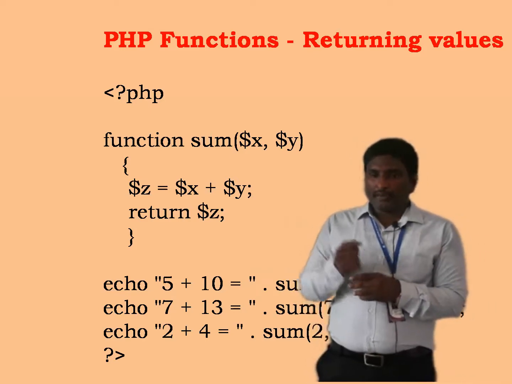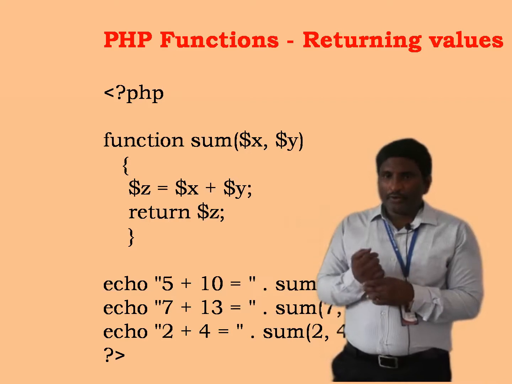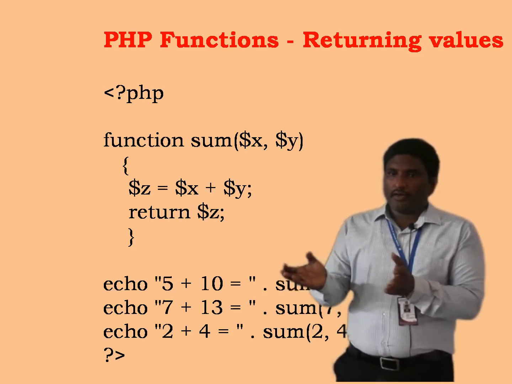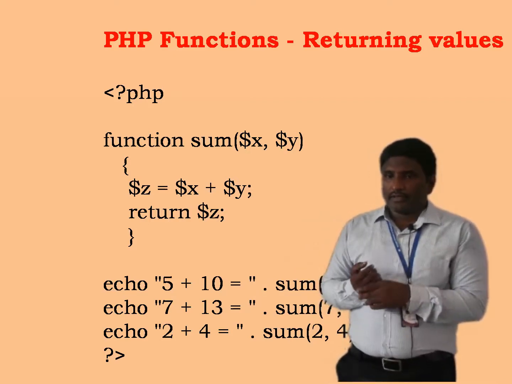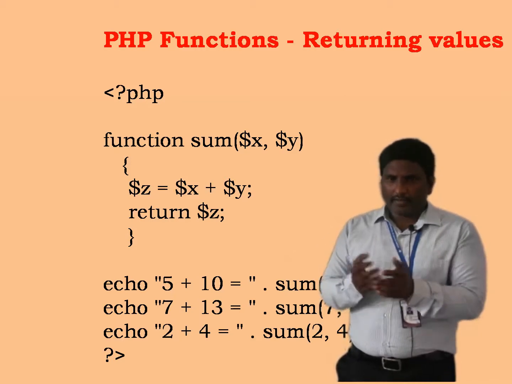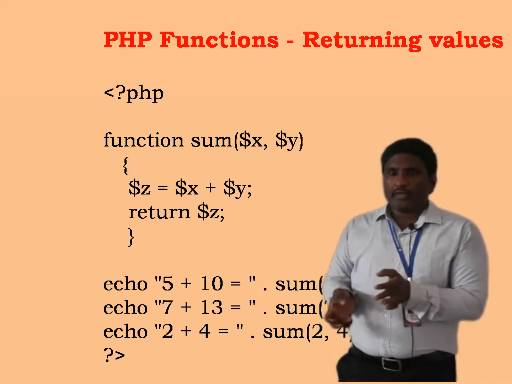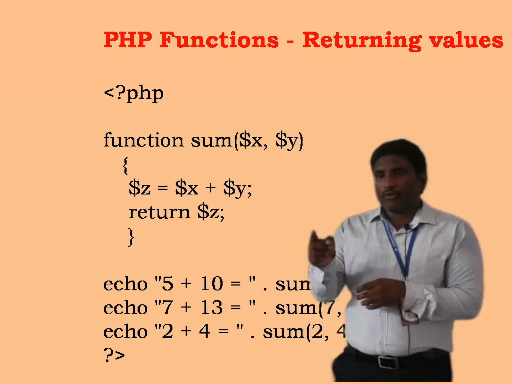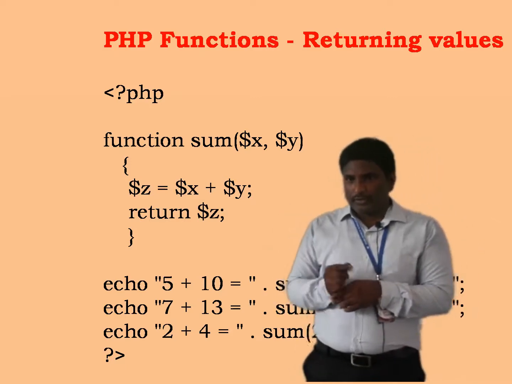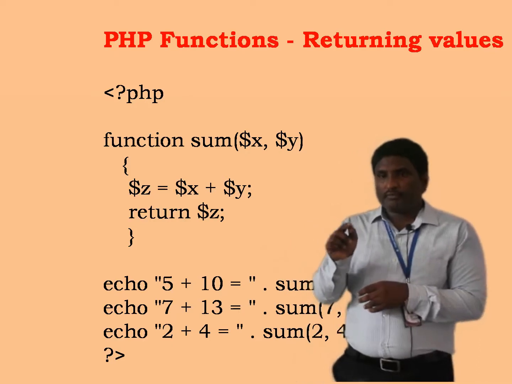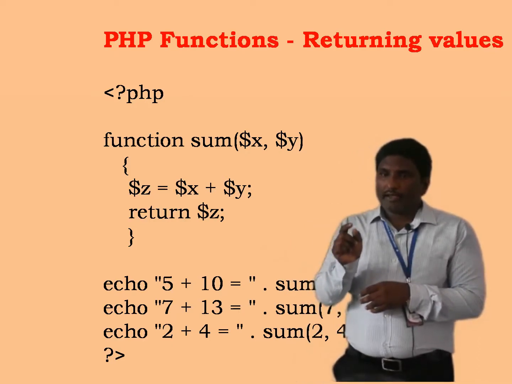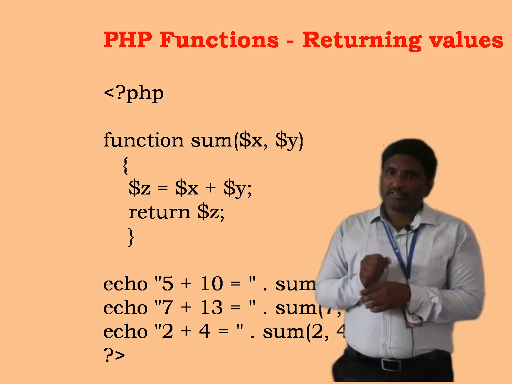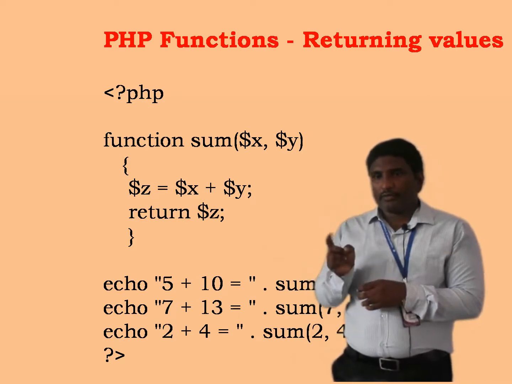In this scenario, for the first call, I have straight away written an echo printing statement: sum of 5 comma 10, so 5 plus 10 equal to 15 is going to be printed. If we call sum of 5 comma 10, the 5 goes to the first argument in the sum function and 10 goes to the second argument.